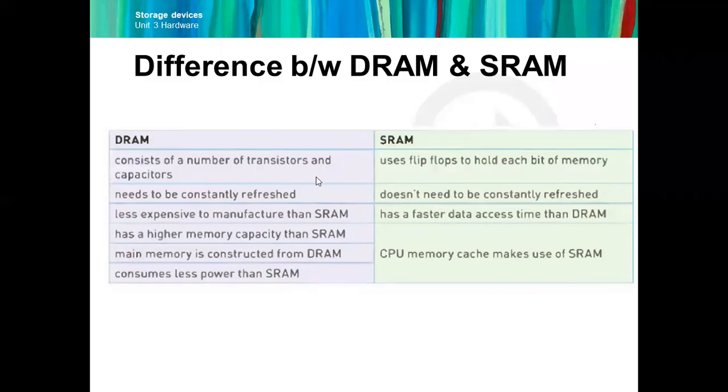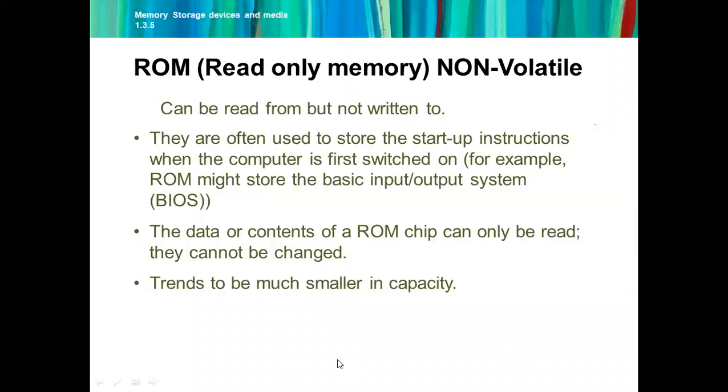Now, the last two points: SRAM has a faster data access time than the DRAM, and cache memory makes use of the SRAM. So this is basically the application of SRAM, where we are storing data in cache memory. So as you can see, there are a few differences.